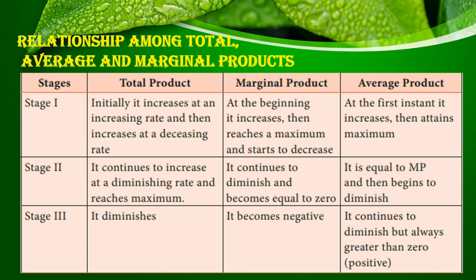So it is decreasing but it does not become negative. It does not go beyond the x-axis. It is above the x-axis, so it is always greater than 0, that is positive. Alright, so these three stages explain and simplify the relationship between total product, average product and the marginal product.